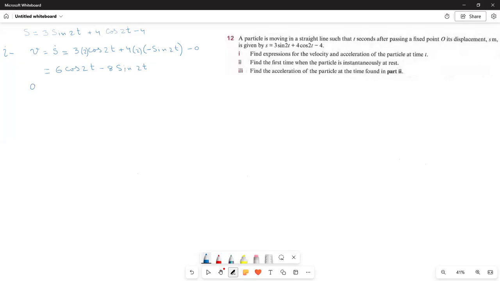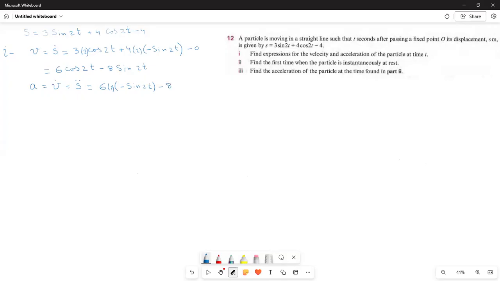Now, how about acceleration? Acceleration is a derivative of velocity, or the second derivative of the displacement. So in order to find the expression, I will differentiate the expression for the velocity. So it is 6, and the derivative of cos is minus sine 2t, and the derivative of 2t is 2. And then we have minus 8.